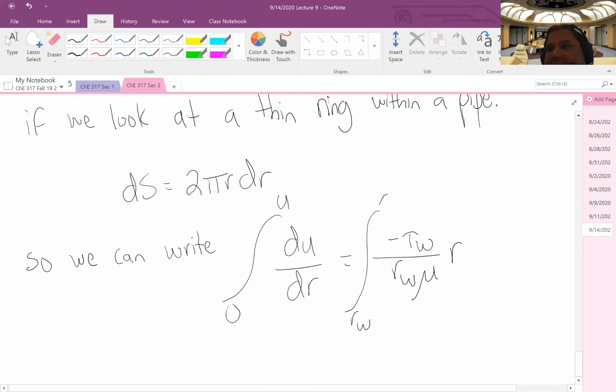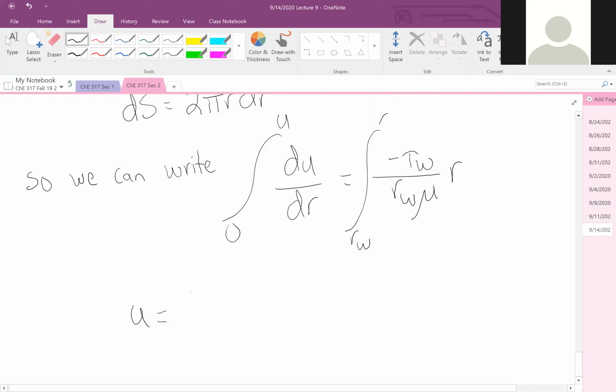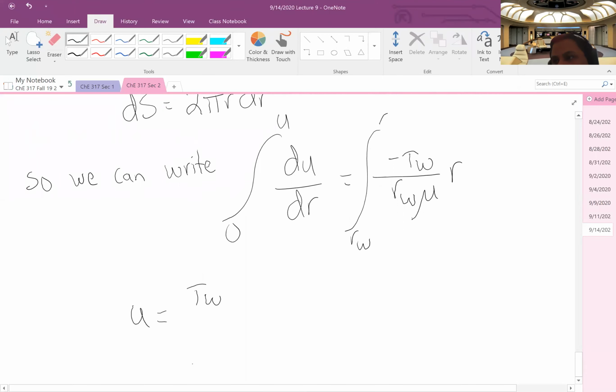And what we can find is that the velocity is directly related to the shear stress divided by 2 times that full length times viscosity, times the difference of the squares between the full length radius as well as that given distance from the center of the pipe.